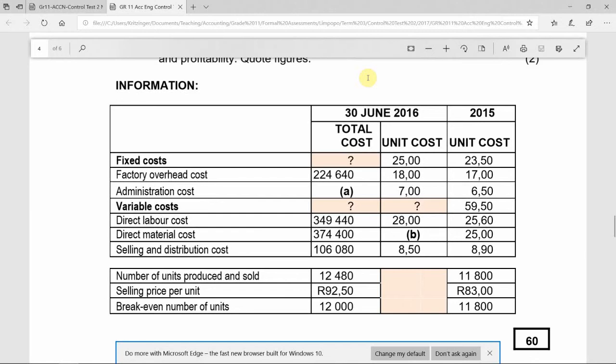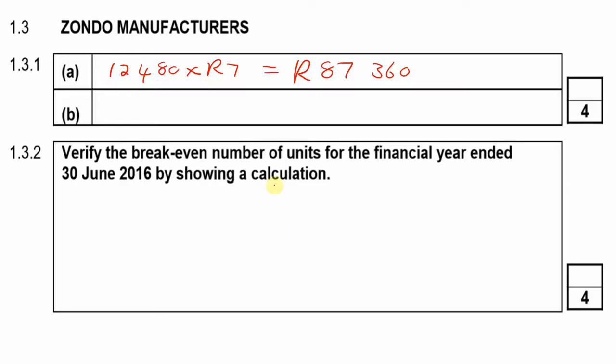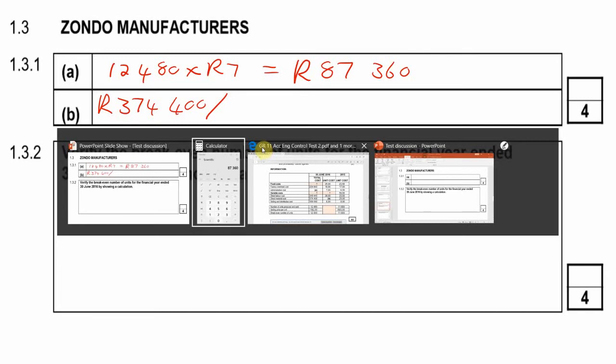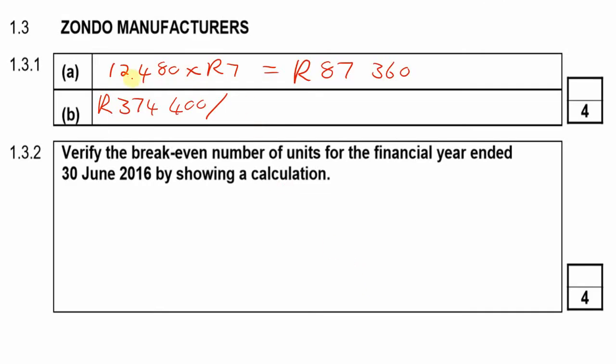So we have to divide the total cost of 374,400 by the number of units of 12,480 to get the cost per unit.